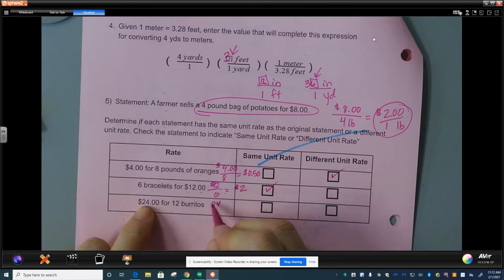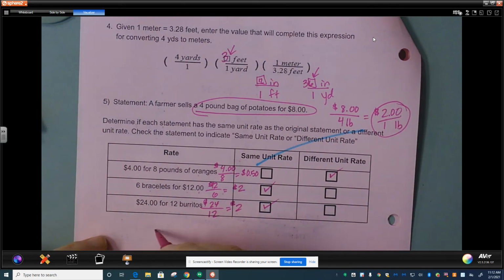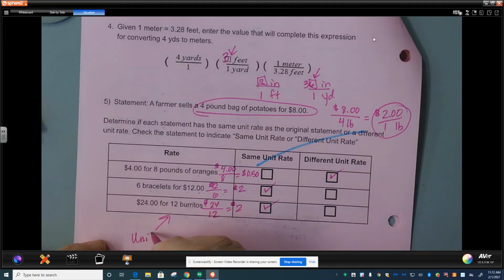This is $24 divided by 12. That is also 2. The question on the test is going to look exactly like this. You have to find the unit rate for each one. Remember, money is always the numerator. And this is usually the items.